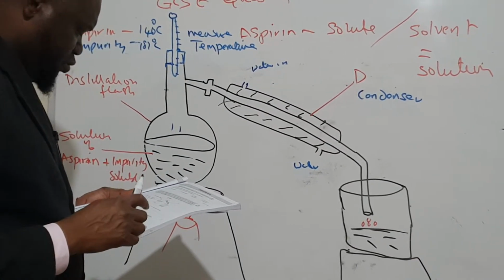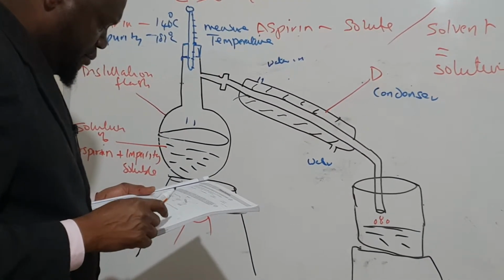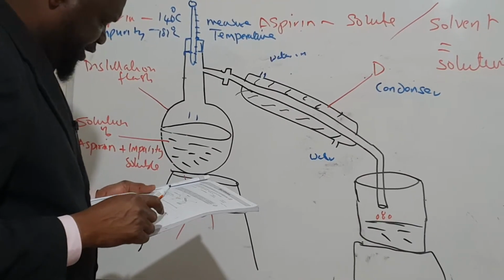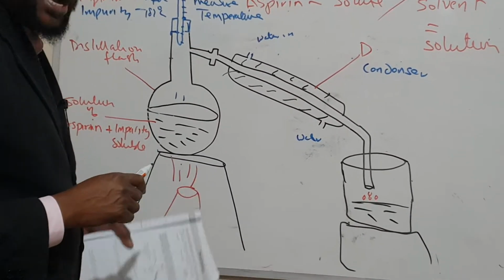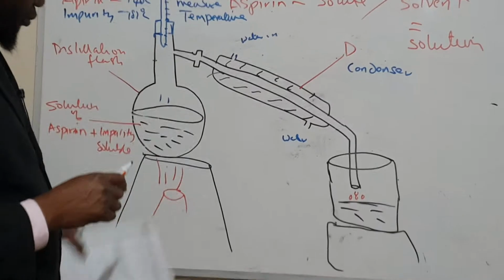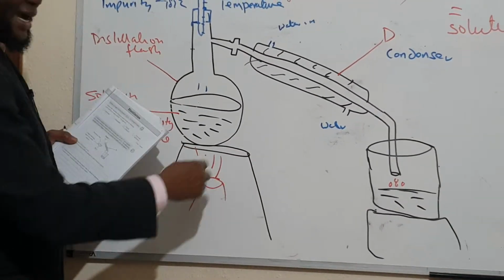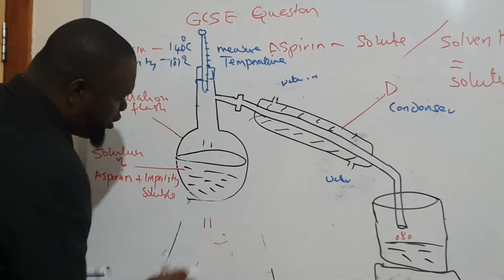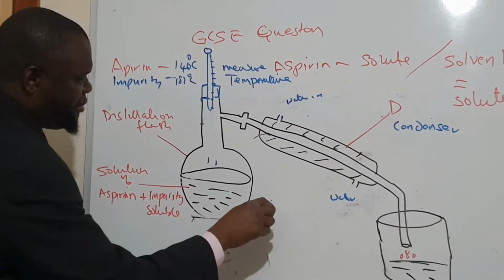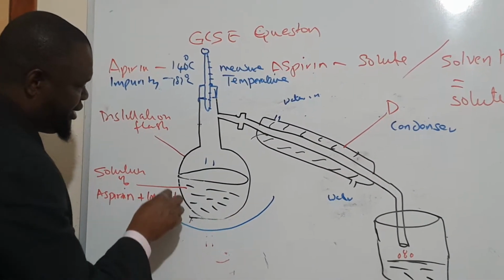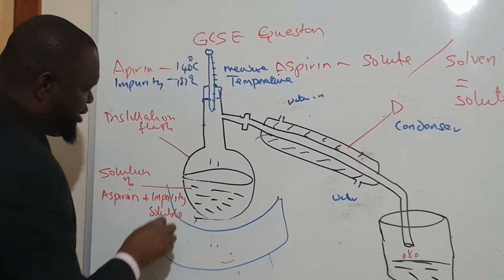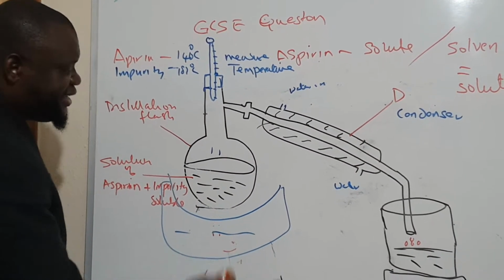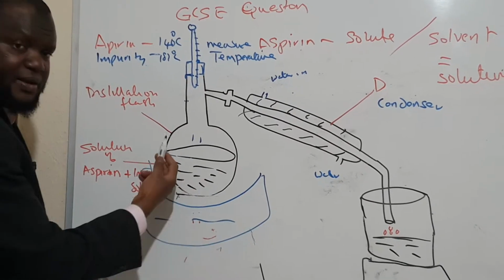If the flask was placed in a boiling water bath and directly heated, the aspirin would not distill. Explain why. If instead of heating directly, you put something like a water bath, you put hot water, boiling water, a hot water basin, and instead of heating the flask directly, you are heating the water.